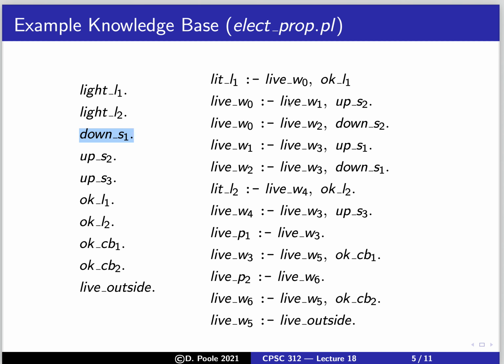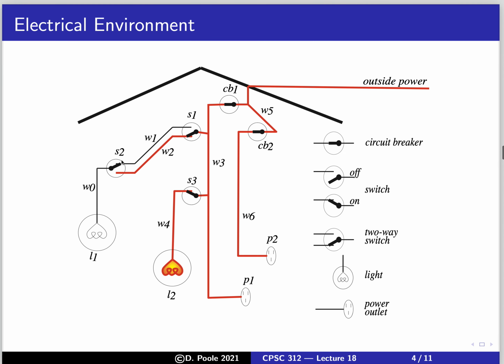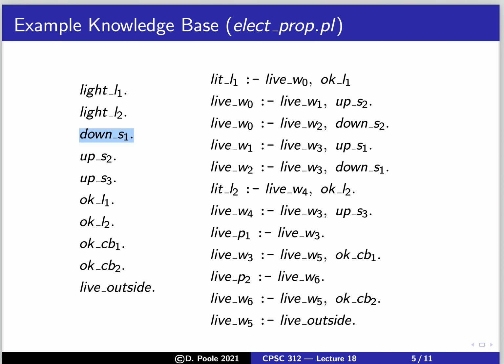W0 is live if W1 is live and the switch S2 is up, and W0 is live if W2 is live and S2 is down. So let's look at that. This one here is live if S2 is up and W1 is live, and W0 is live if S2 is down and W2 is live. Live means there's electricity flowing through it. That's the sort of thing we can write in here. There's a complete list of it there, and you can find it in elect prop.